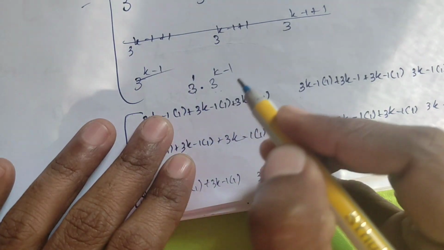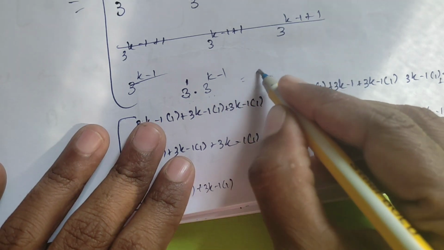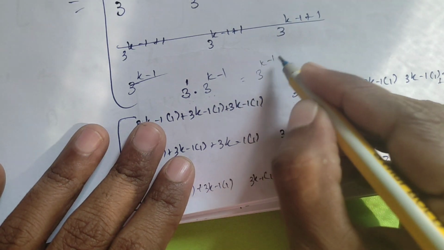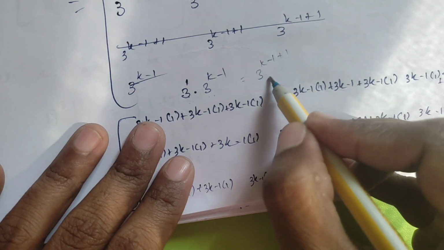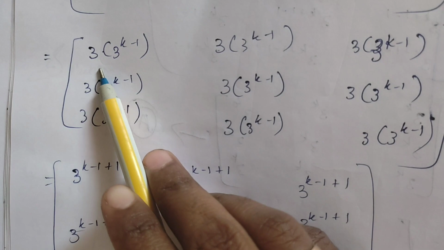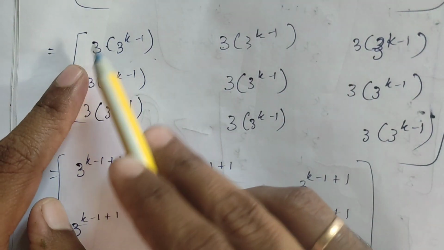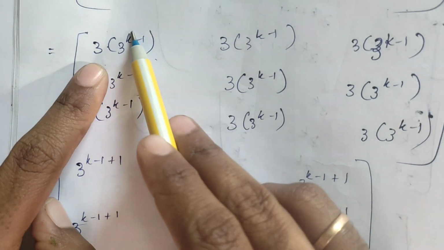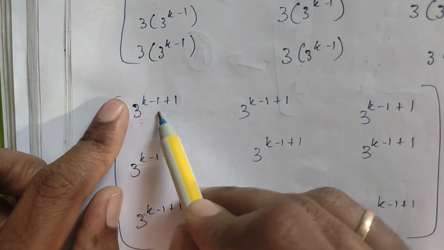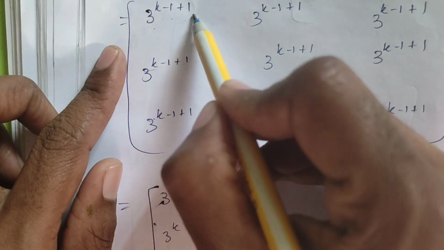Here the power is 1. So now this can be written as 3 power k minus 1 plus 1, so 3 power k. So 3 into 3 power k minus 1. Next 3 power 1, 3 power k minus 1. So what happens? 3 power k minus 1 plus 1, so minus 1 plus 1 will become 0.